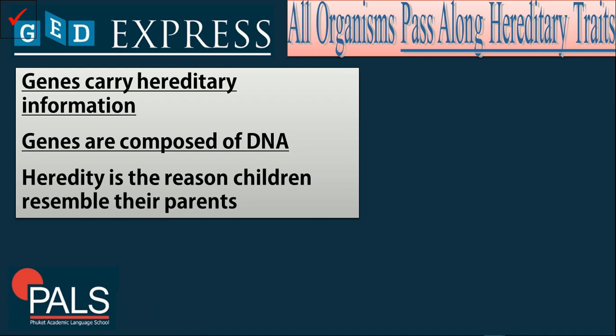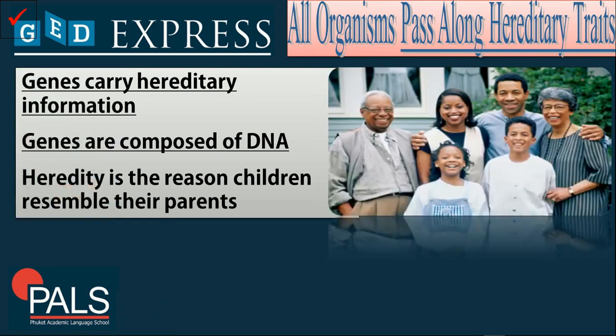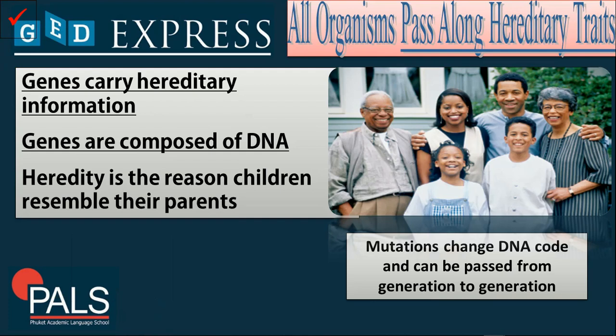This is the reason why children resemble their parents. For example, in this photo, there is a resemblance from the grandmother to the mother, and to her daughter or son. Mutations can also happen during the passing of hereditary traits from one generation to another.